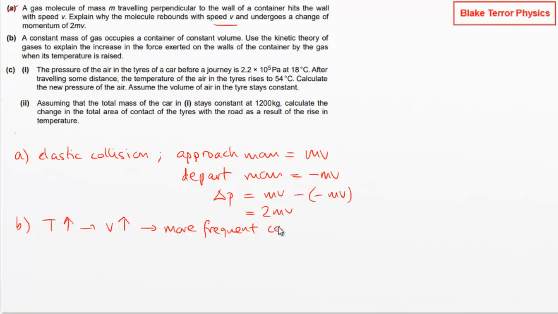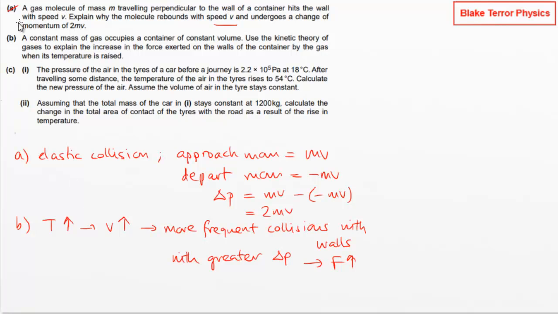And each collision will also have a greater change in momentum. So the force will go up, because force is proportional to the change in momentum, and we've got even more collisions happening.